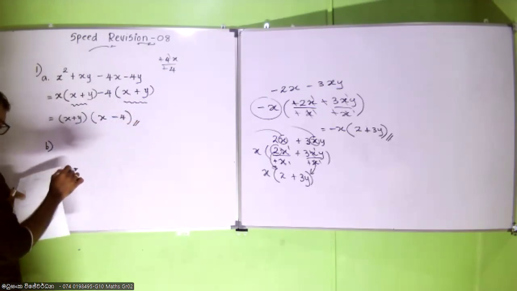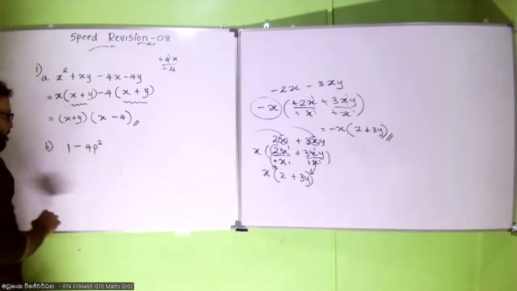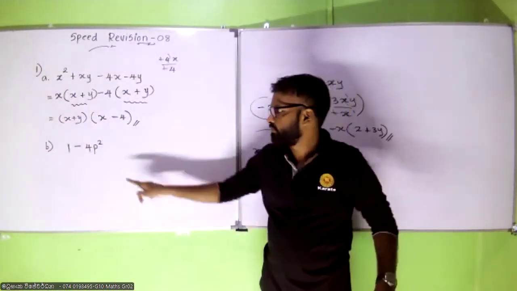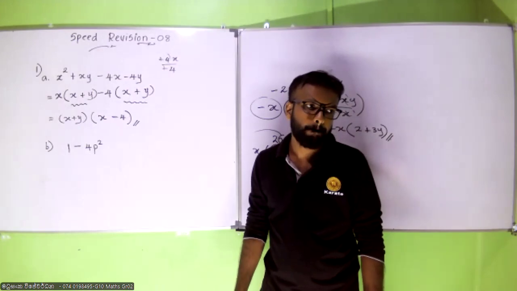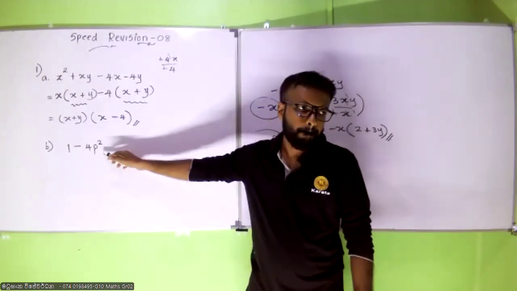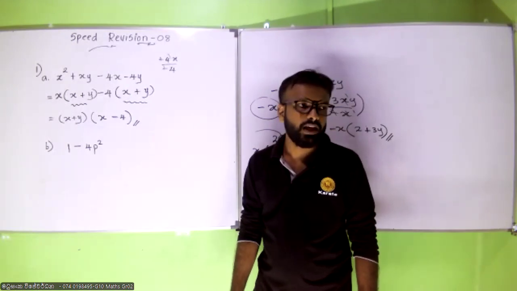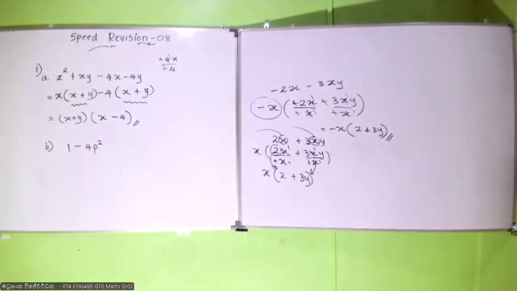Part B. 1 minus 4p squared. What is this? Can anyone tell? Tell me.